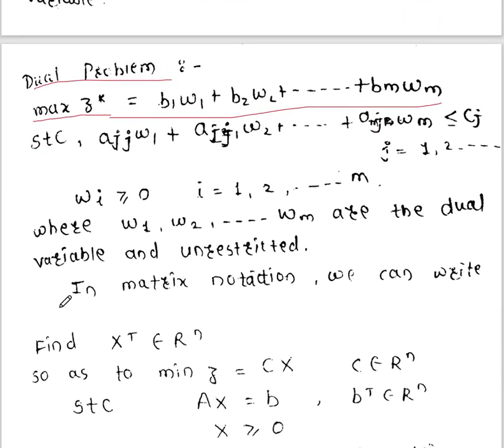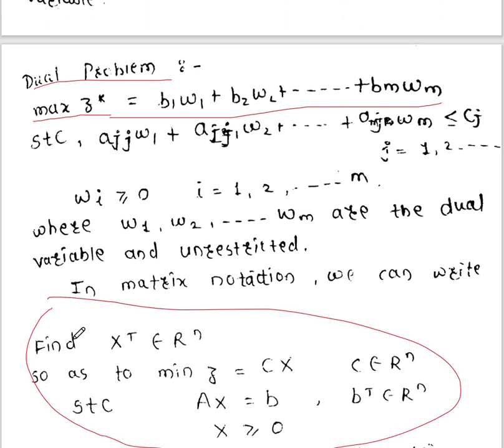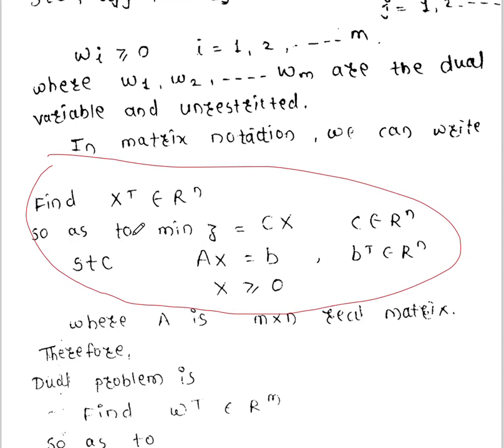Then the matrix notation: in matrix notation we can write it this way. Find x transpose belonging to R raised to power n so as to minimize z equal to cx, Ax equal to b, x greater than or equal to 0. Here A is an m cross n real matrix.